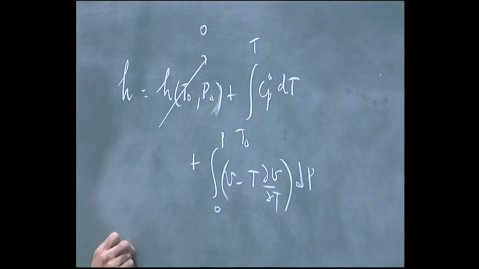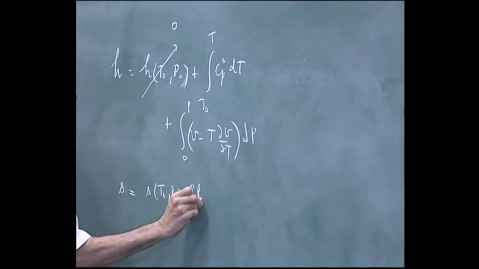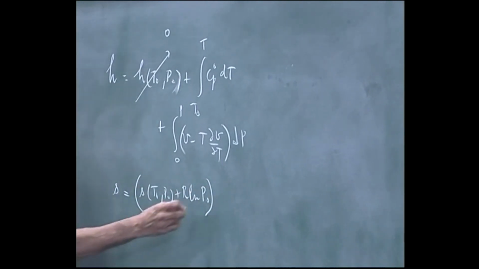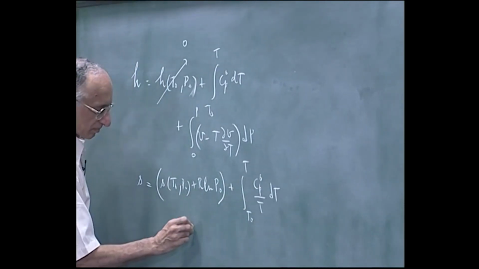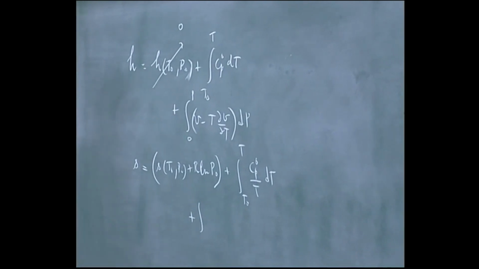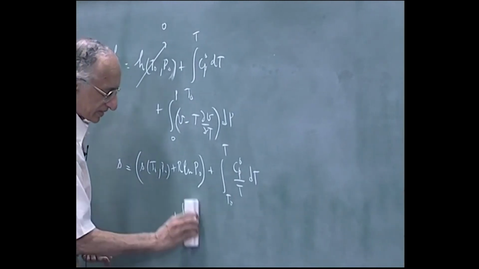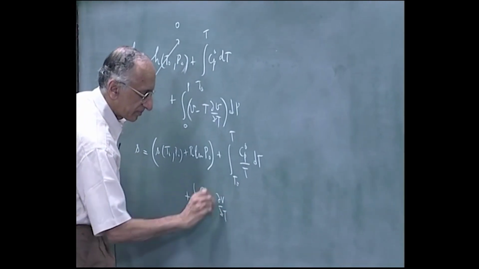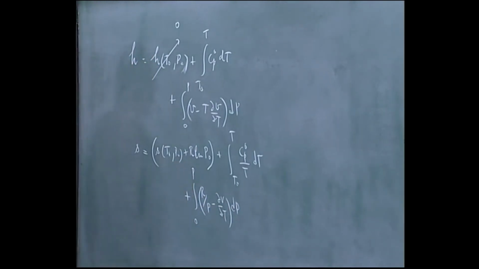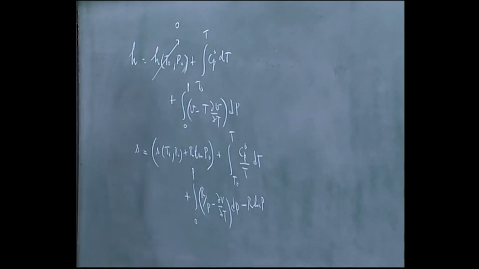Set this equal to 0 and then entropy. We have S of T0, P0, plus, no, it was minus, so it is R by P minus dou V by dou T, there is a minus R ln P. I think that is the correct expression.